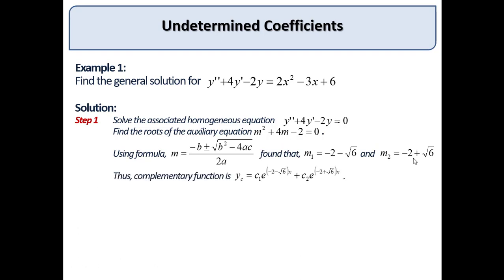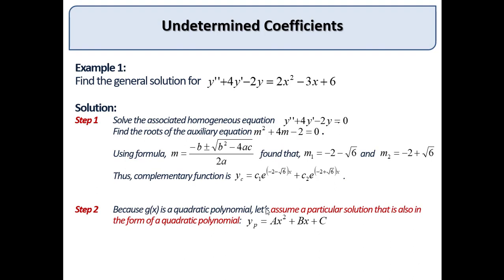Therefore our complementary function is c1y1 plus c2y2, where y1 is the natural exponential of (-2 minus square root of 6)x, and y2 is the natural exponential of (-2 plus square root of 6)x. You can refer to the previous techniques for the solution of the complementary function.